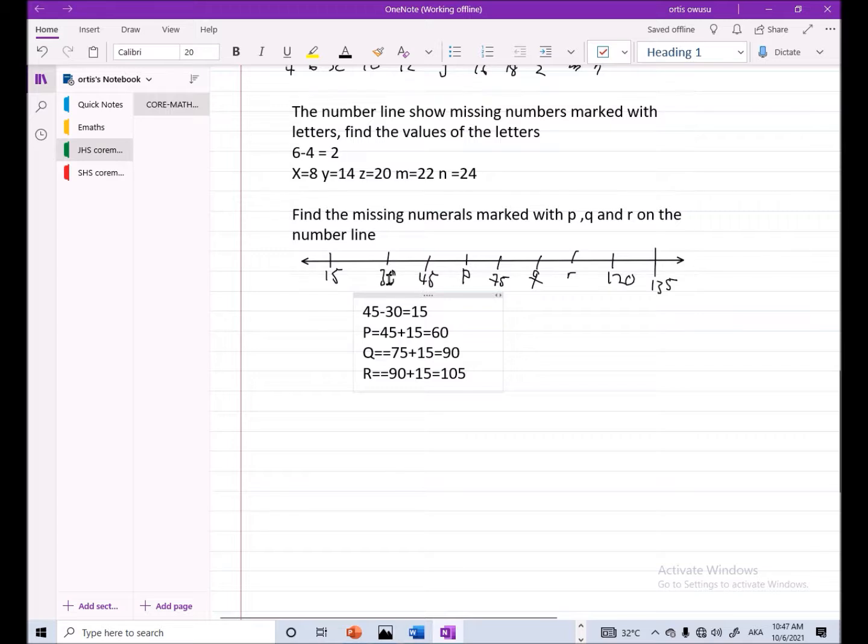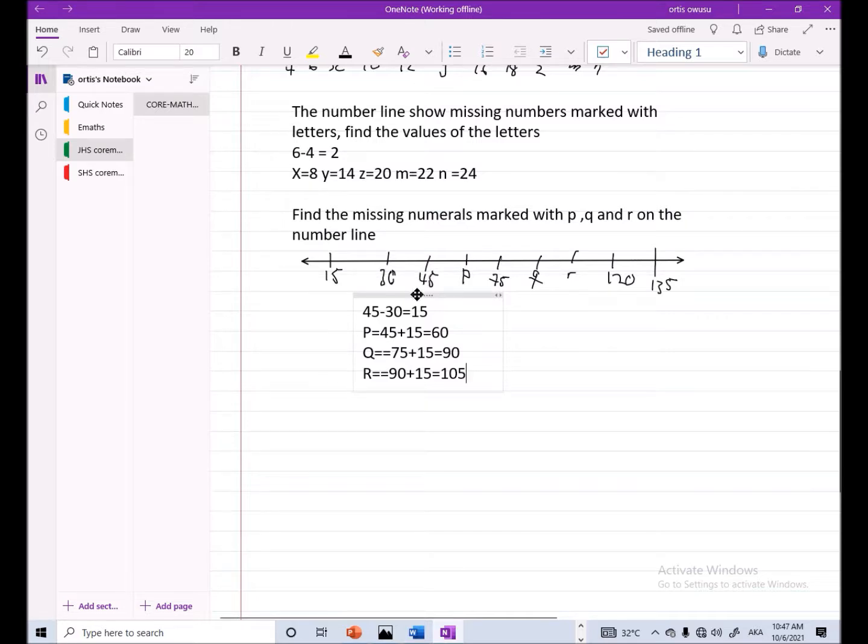So you can subtract 30 minus 15. You can make 45 minus 30. Or you can come here and say 135 minus 120. Don't go and do 135 minus the lowest one to the highest one. No, just within the range, just find the difference.